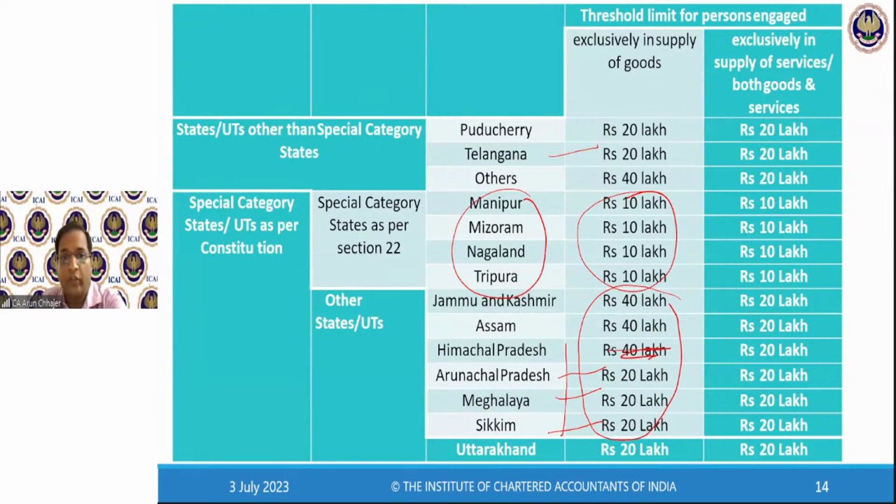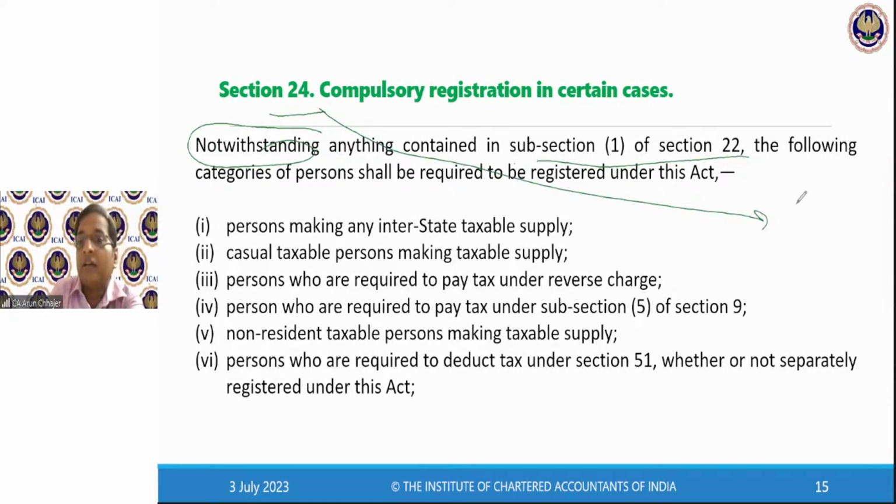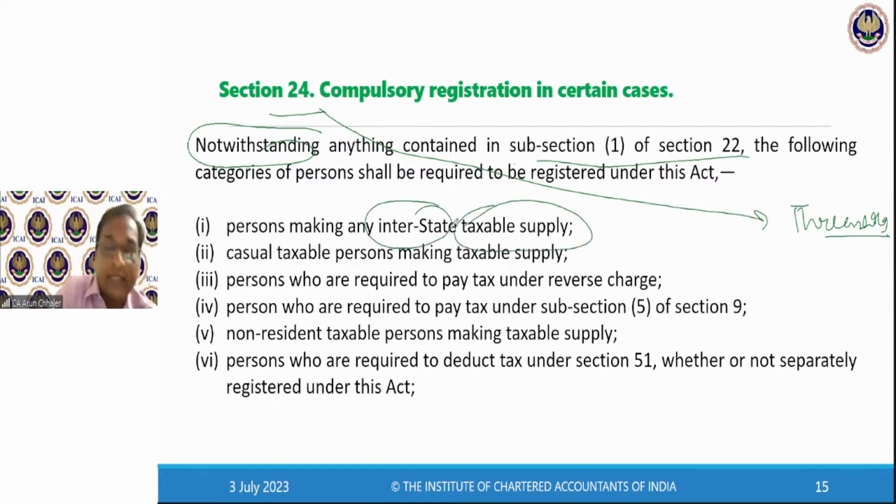Now section 24. Please see this word, notwithstanding anything contained in 22(1). It means section 24 ignores the threshold limit. First, person making interstate taxable supply.